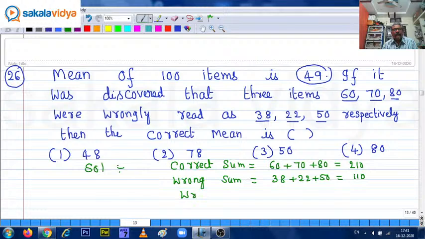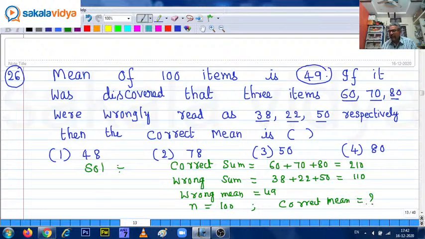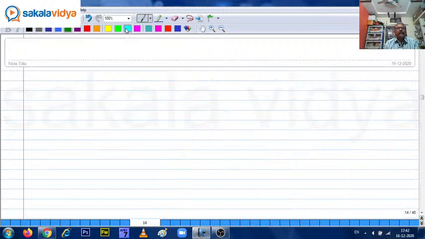Now the wrong mean is 49, number of observations n is 100. Now the correct mean you need to find out. Yes, 50 is the right option. So we have a shortcut formula like this.